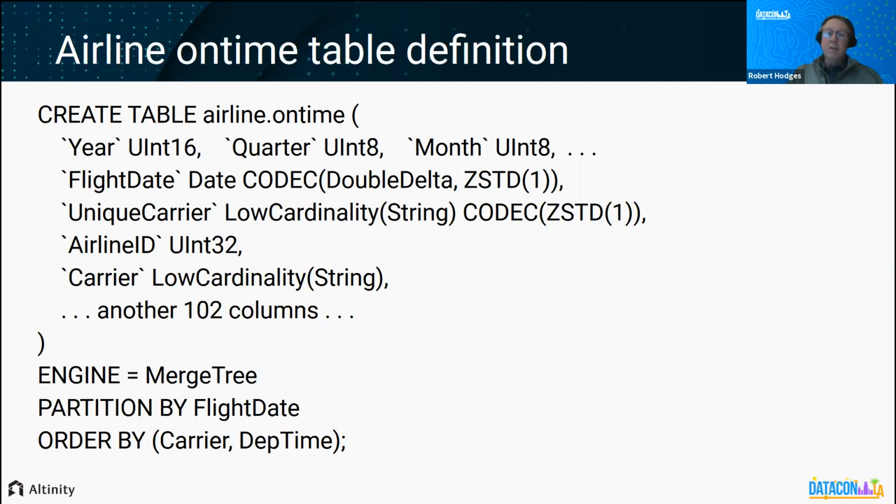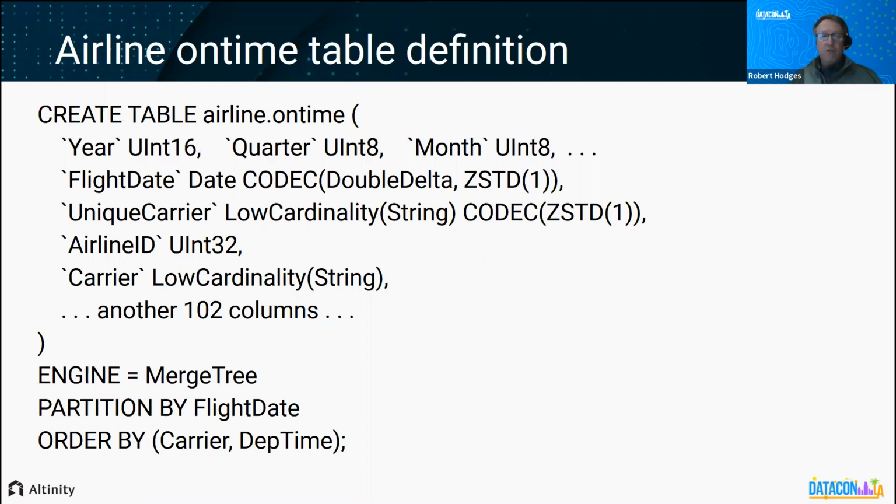But we can use this CODEC keyword and tweak that. For example, use a codec, which is a transformation that applies before the data gets stored, and then use ZSTD, which is a more efficient but more expensive form of compression. We'll come back to that and show actual examples.